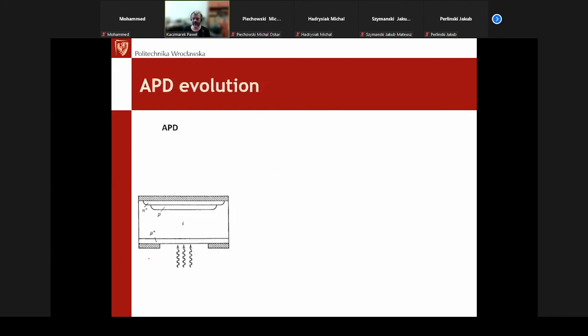I mean, this classical approach: every spontaneously created electron-hole pair, which creates the dark current in typical photodetectors, in this approach is also creating photocurrent. I mean, it is also multiplied by this APD photodetector.